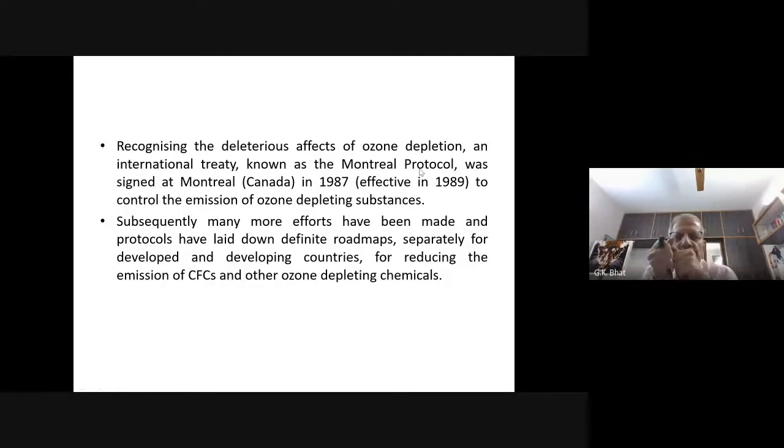So for that purpose, a good number of countries joined together and signed an agreement. This is what is called the Montreal Protocol. It is concerned with minimizing the usage of ozone depleting substances.